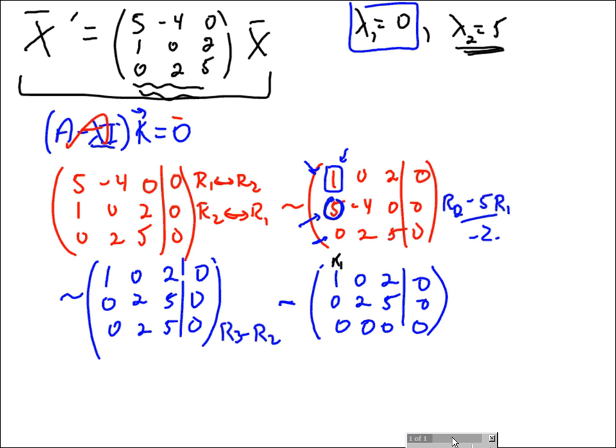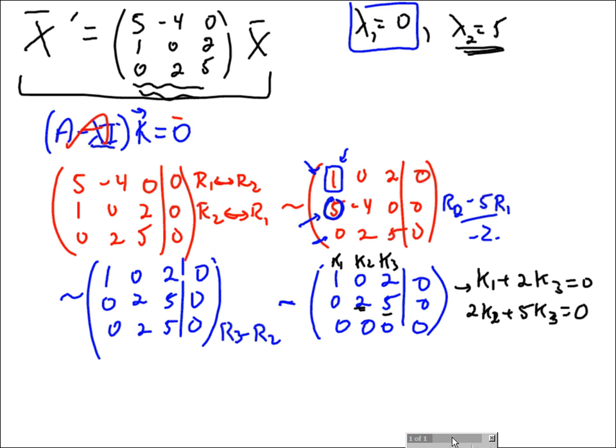Okay. This is K1 and K2 and K3. The first line tells me K1 plus 2K3 is 0. The second line tells me that 2K2 plus 5K3 is 0.